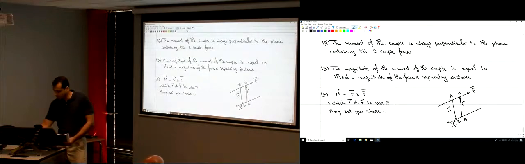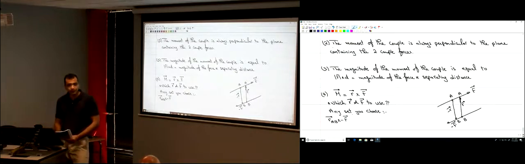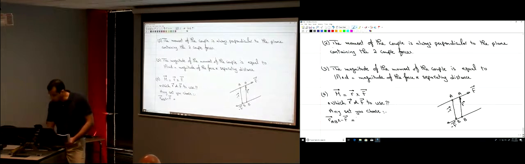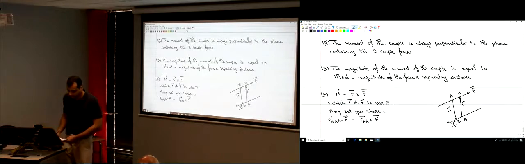For example, if I take moment about point A, it's going to be from A to B, so R_AB multiplied by negative F. Or if I take moment about point B, it's going to be R_BA cross product F, right?